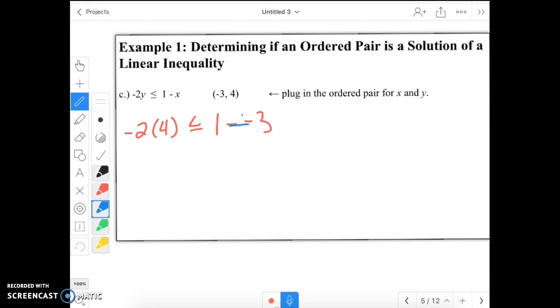Again, we're subtracting a negative, so that turns it to a plus. Negative 2 times 4 gives me negative 8 is less than or equal to a positive 4. Now that would be true. Because that is true, the ordered pair (negative 3, 4) is in our solution set.